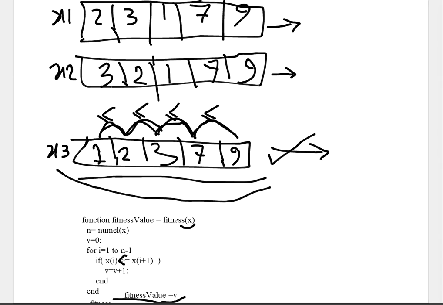We have n elements, n here is 5. So the loop is from 1 to 4.